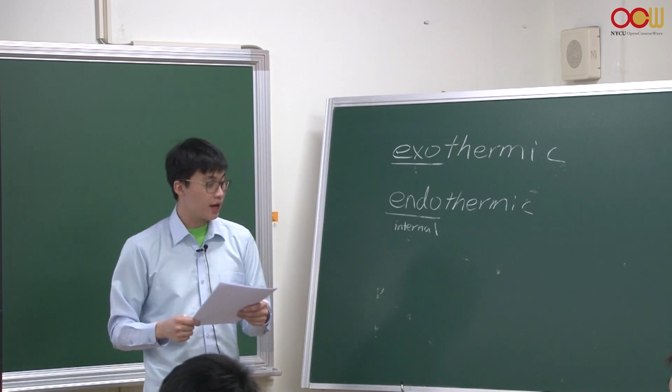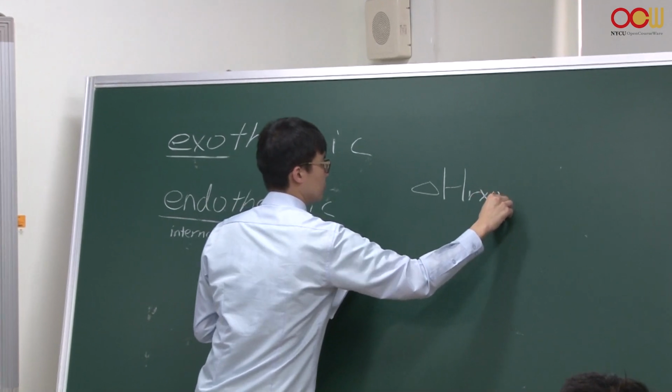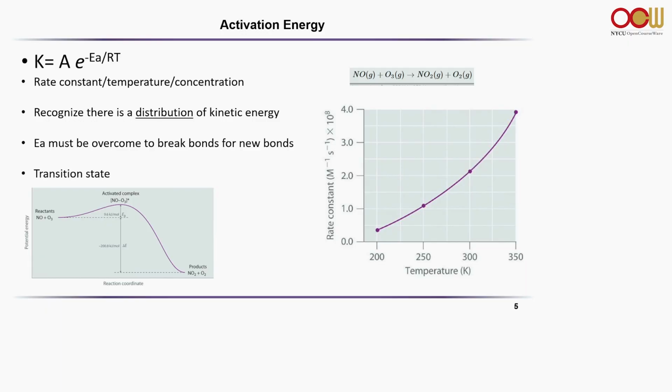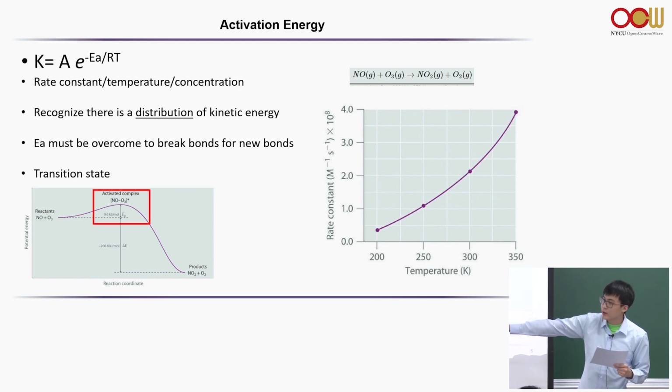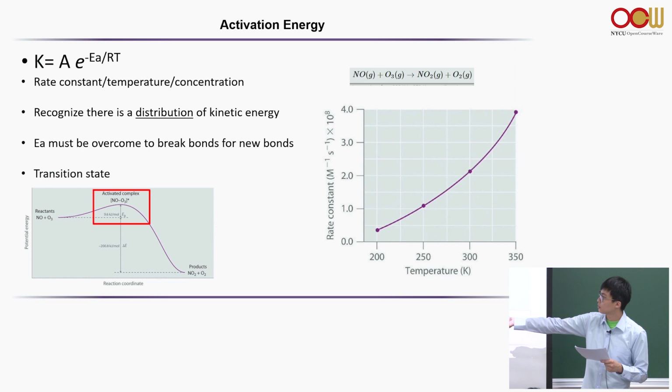So how would you get this heat of reaction? If we look at this plot, in order for the reaction to occur, you must overcome this energy barrier, right? So this energy barrier is your forward activation energy.